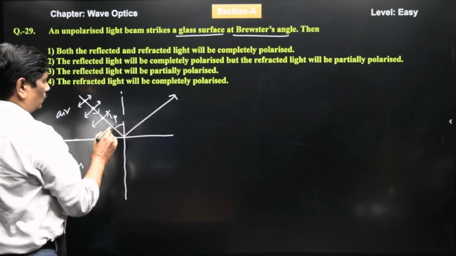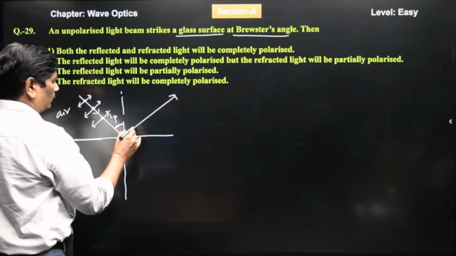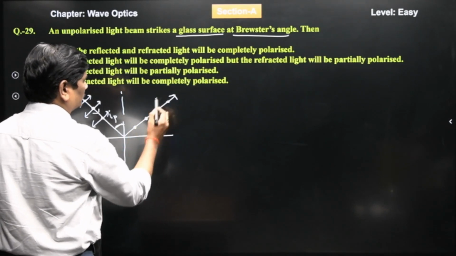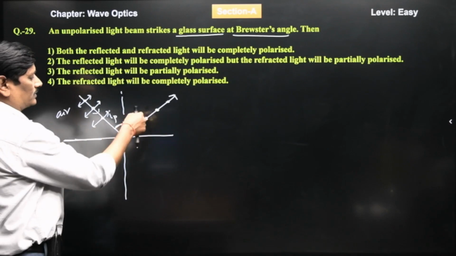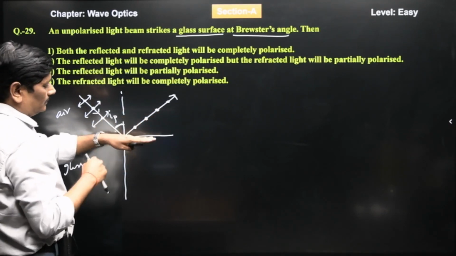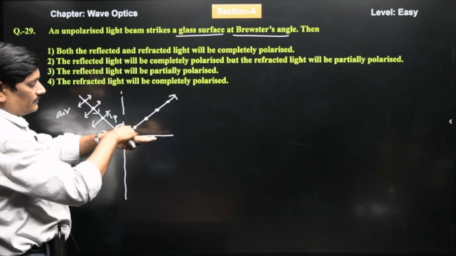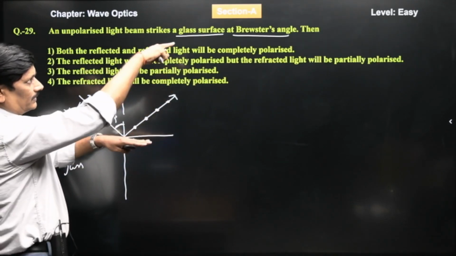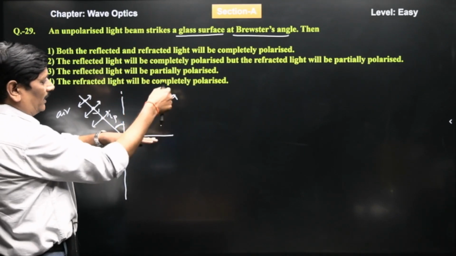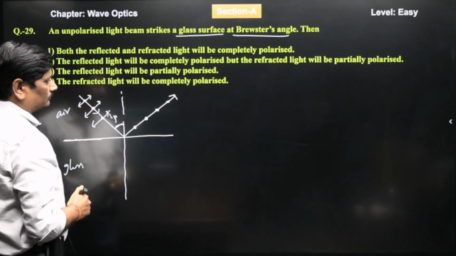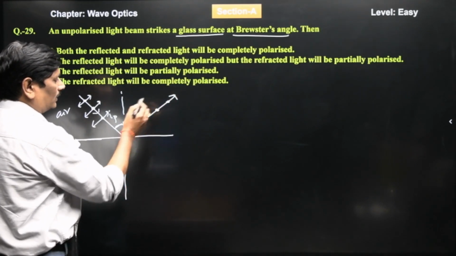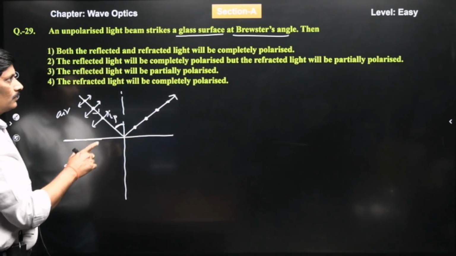Reflected light, only at this angle, is completely polarized with only dot vibrations. Dot vibrations means parallel to the glass surface, into the plane. These are only dot vibrations, representing completely polarized light.